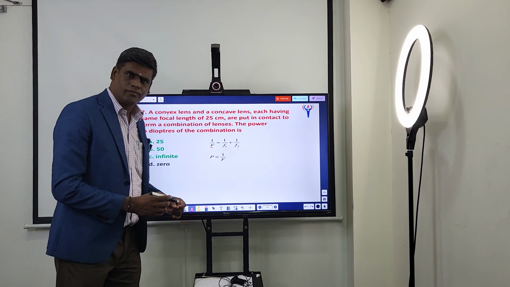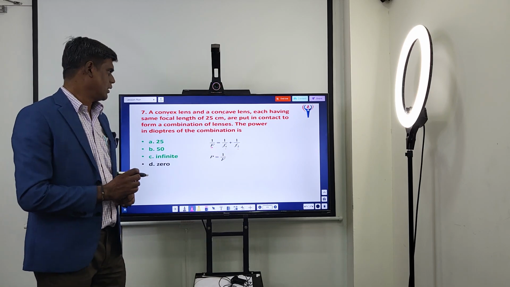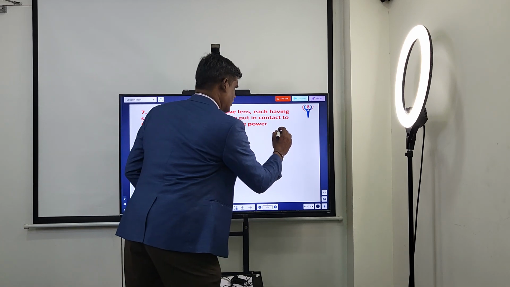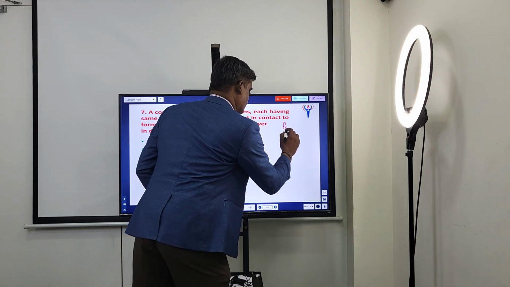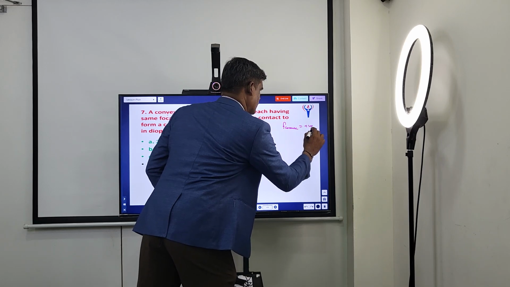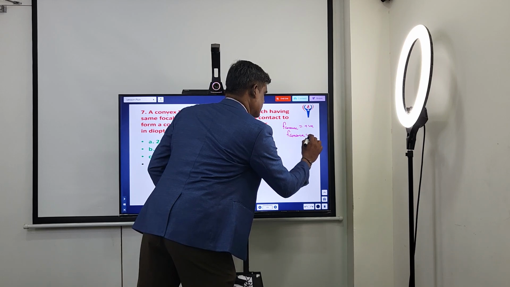We know for a convex lens the focal length is positive, and for a concave lens the focal length is negative.